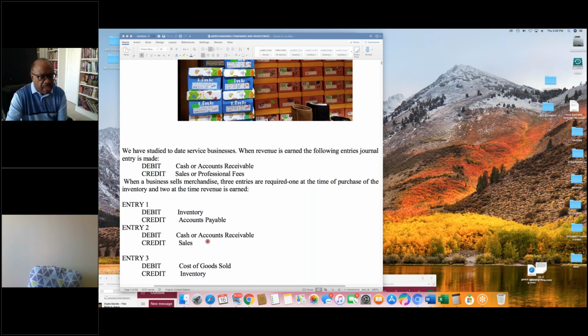So the key entry is when we sell it, then we take those items out of inventory. So we debit cost of goods sold and credit inventory because we need to be able to reflect in our records what inventory is available for sale. So especially if you're selling online, when people go in and search for the inventory, they need to know what's left rather than seeing all the inventory with the inventory sold not being taken out. So that's what we're doing there.